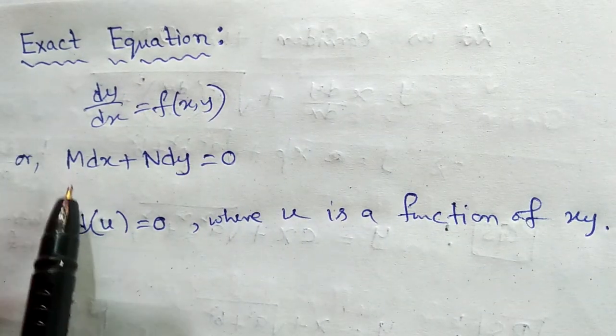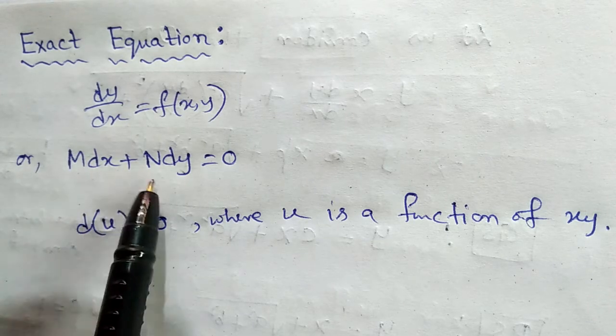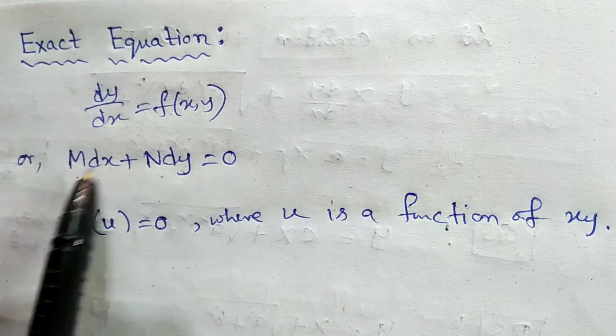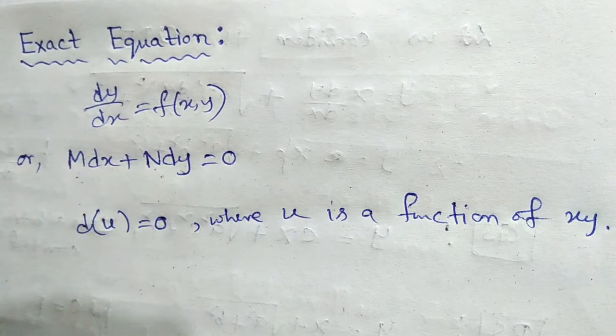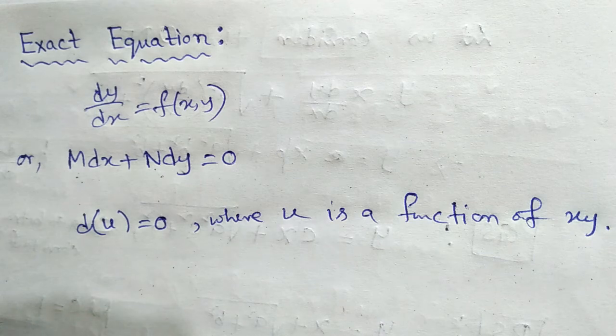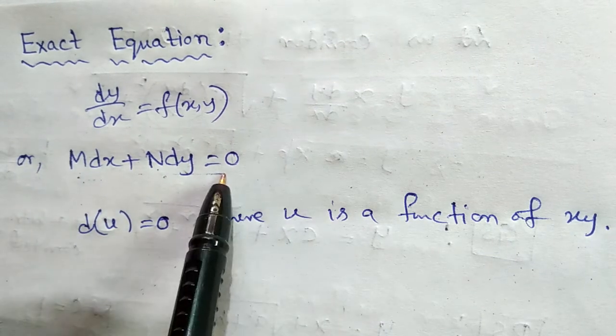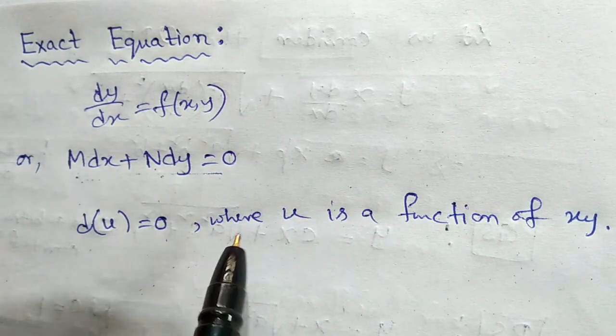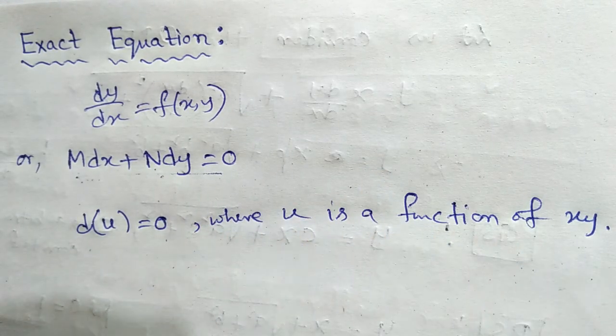So any first order first degree ordinary differential equation M dx plus N dy equal to 0, where M and N are functions of x and y, is said to be exact if it can be expressed as du equal to 0, where u is a function of x,y.